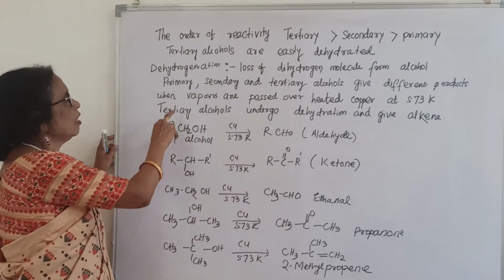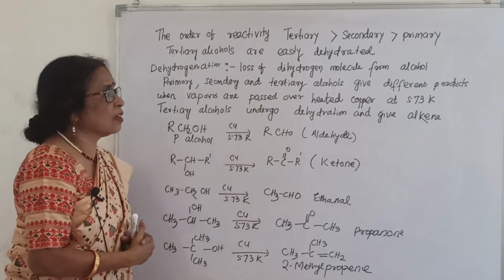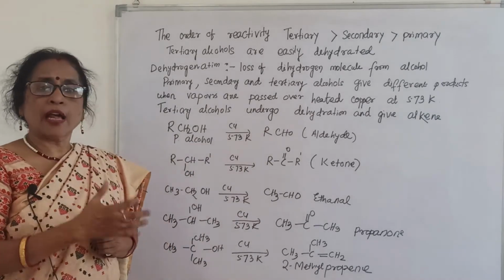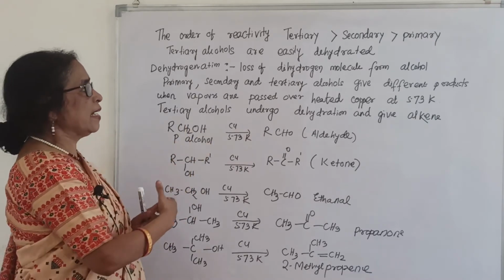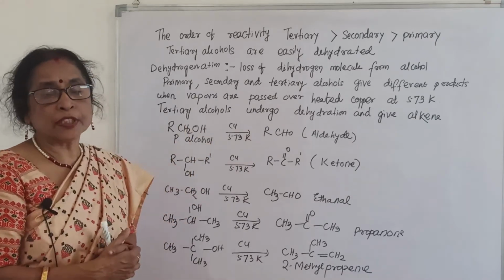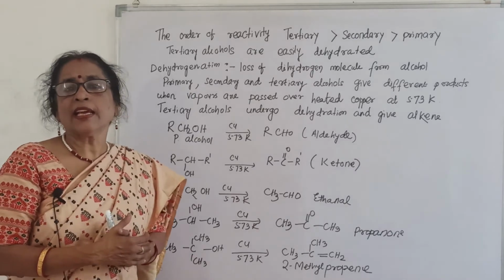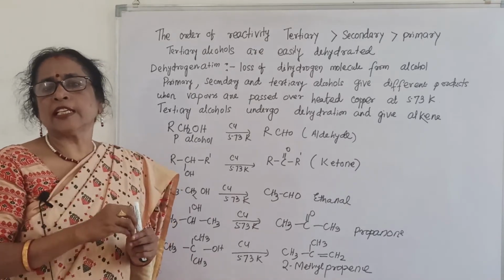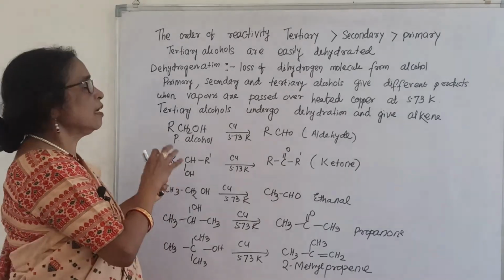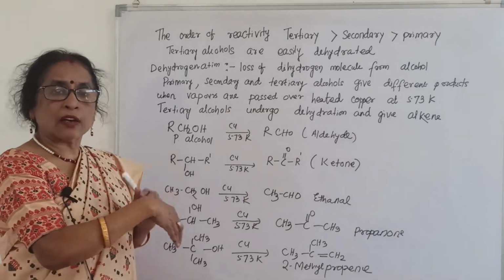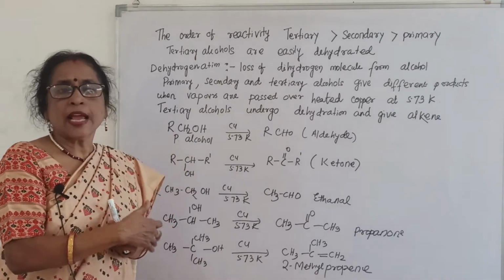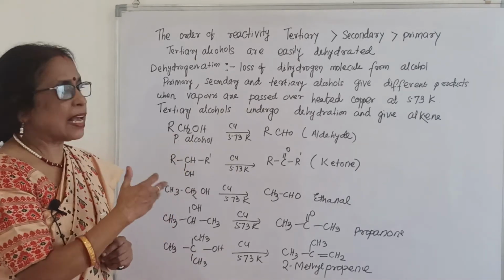Primary, secondary and tertiary alcohols give different products. The dehydrogenation process is observed when alcohol vapors are passed over red heated copper at 573 Kelvin.